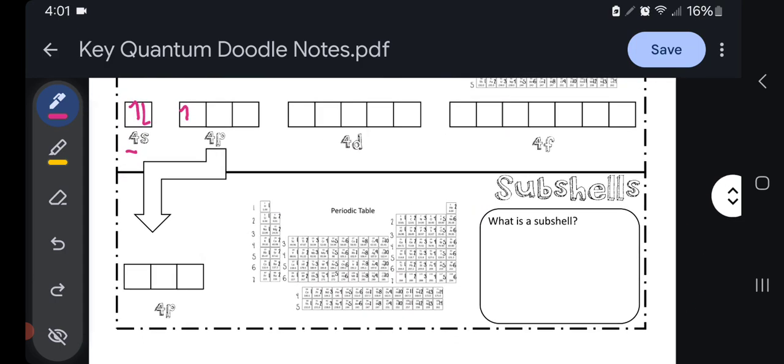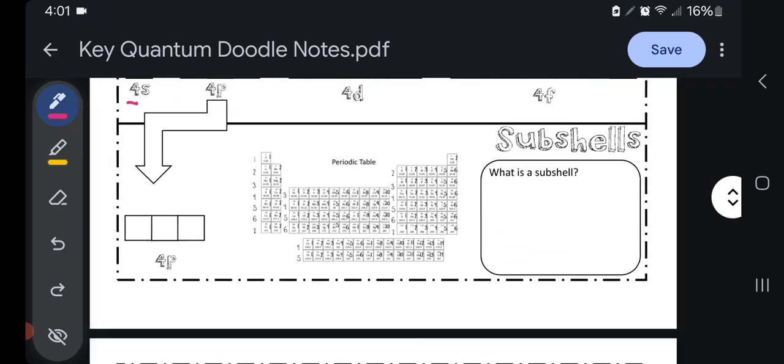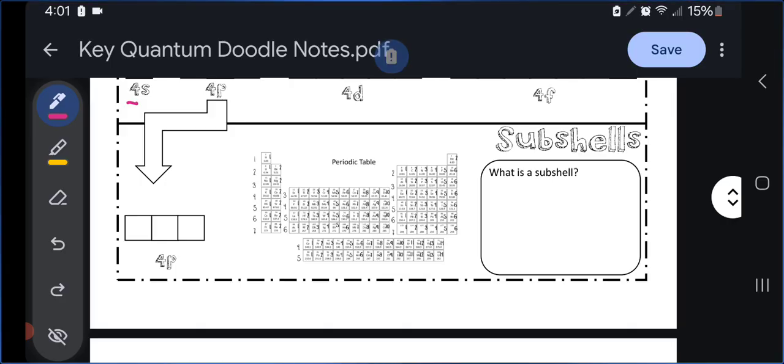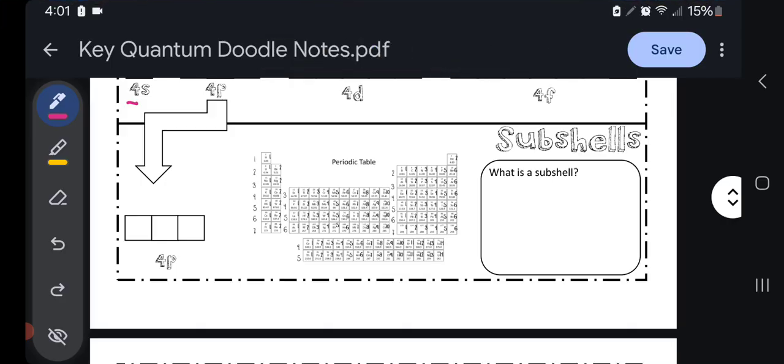Alright, what they want you to do down here is, what is a subshell? A subshell is all of the electrons that can be found in a specific orbital shape, like all of the P or the D, for example, but at a certain energy level as well. So like 4P, how many electrons are actually there? This is a subshell. And this subshell has 3 orbitals.